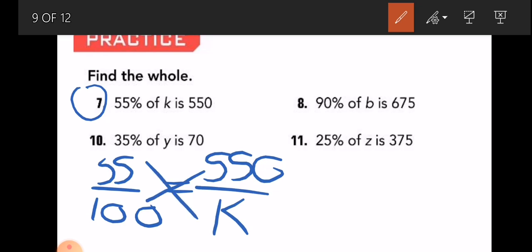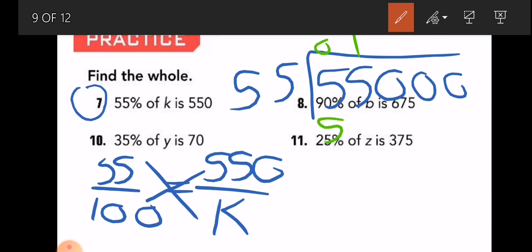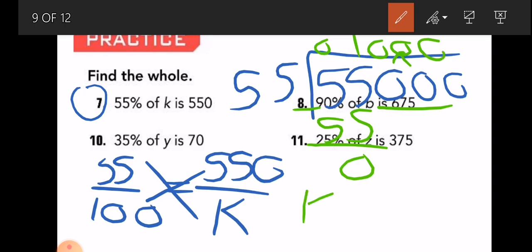Cross multiplication. So I will have 550 multiplied by 100. It means I will add 2 zeros. Then divide by 55. How to divide? Easy division. 0, then 1 will give you 55. Then the 3 zeros, put them up. So k equals 1000.